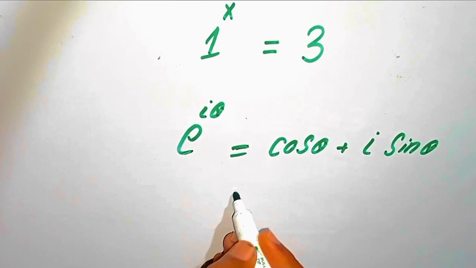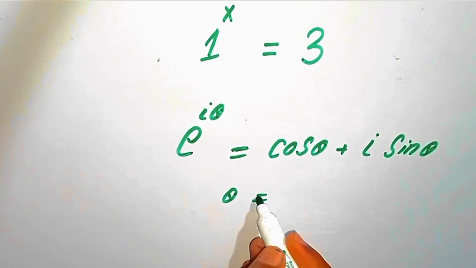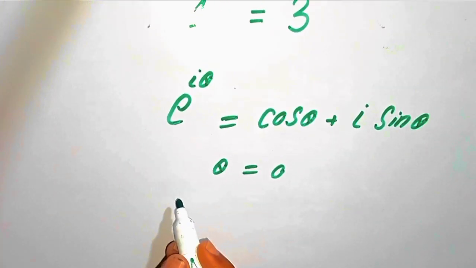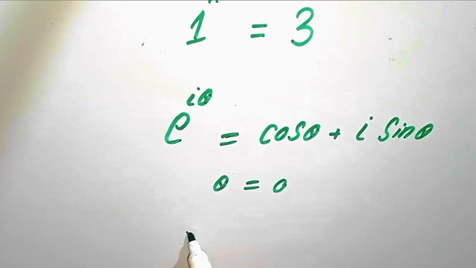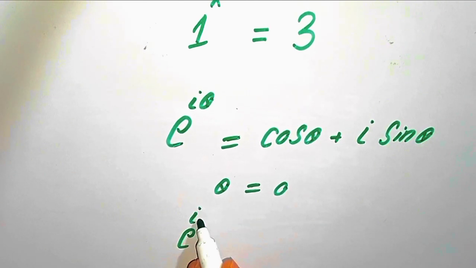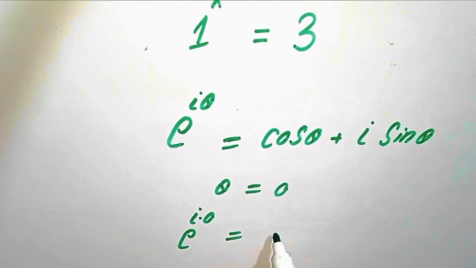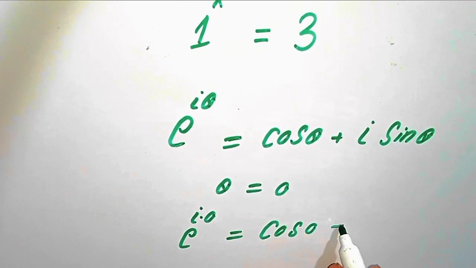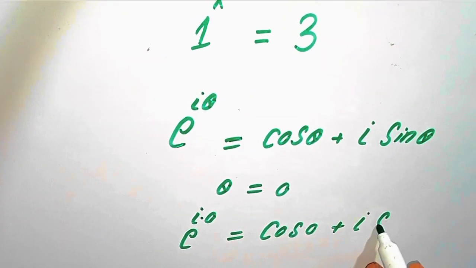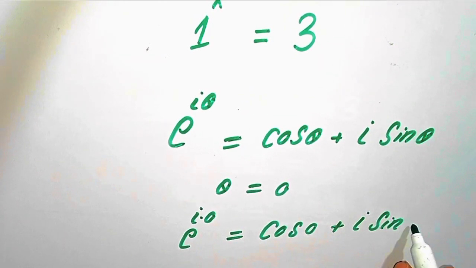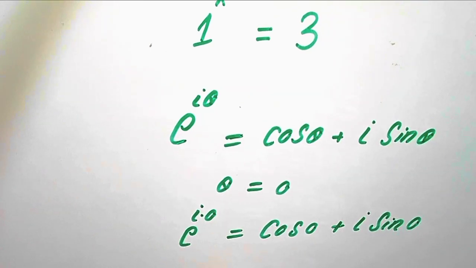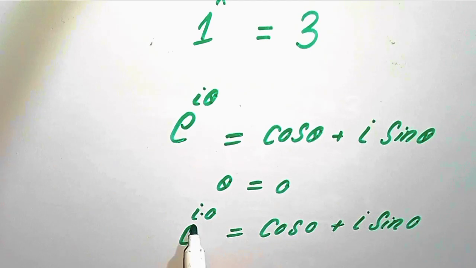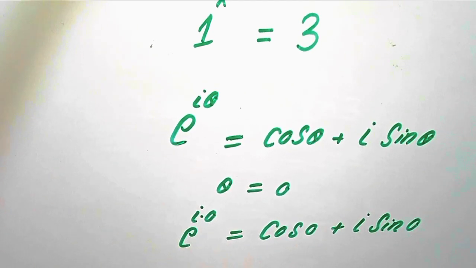So if we replace theta is equal to 0, we have e power iota dot 0 is equal to cos of 0 plus iota sine of 0. Now we know that sine 0 is equal to 0 and cos 0 is equal to 1, and when we multiply iota with 0, our answer is 0.